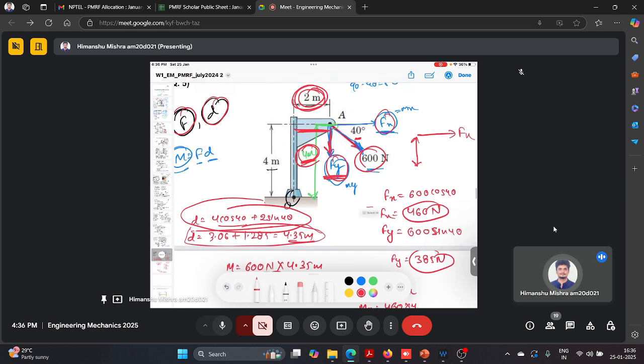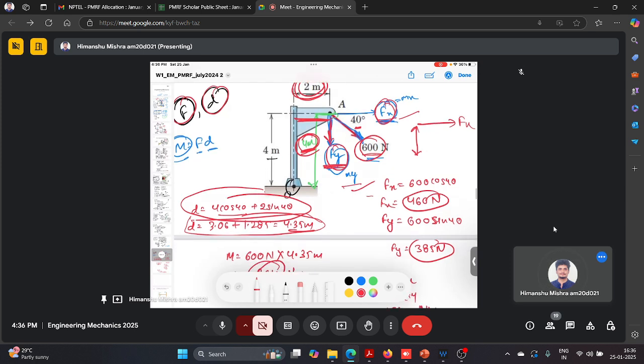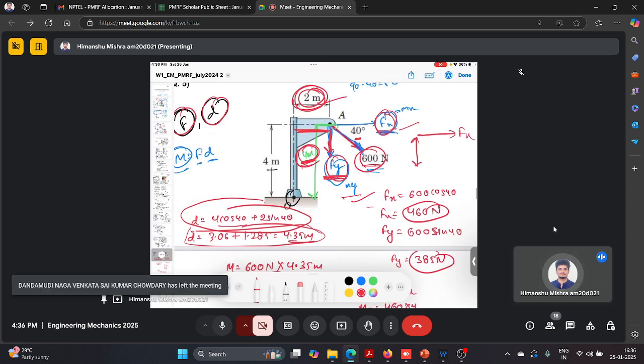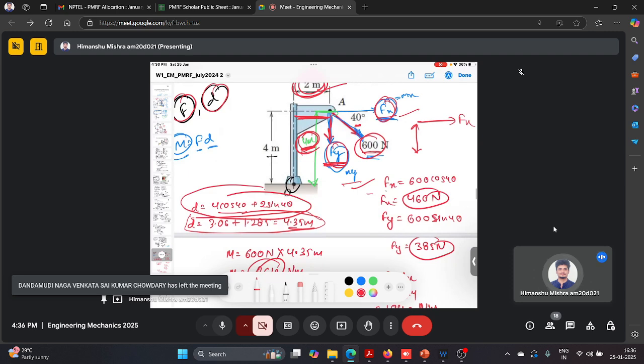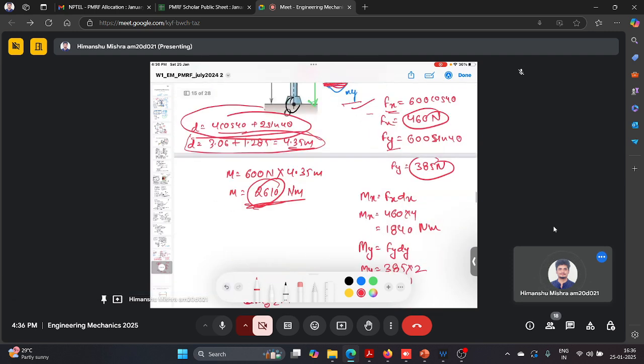So what we did, we defined the components of the 600 Newton force, Fx and Fy. We saw that it is very easy to define the perpendicular distance of Fx and Fy. So we did that, which is 2 meter and 4 meter respectively. Then we calculated the components of force Fx and Fy.